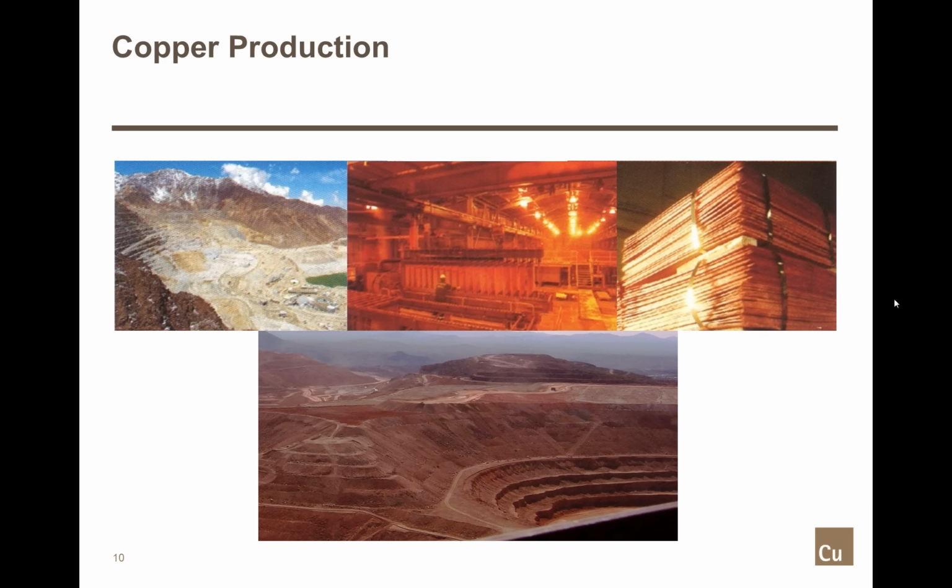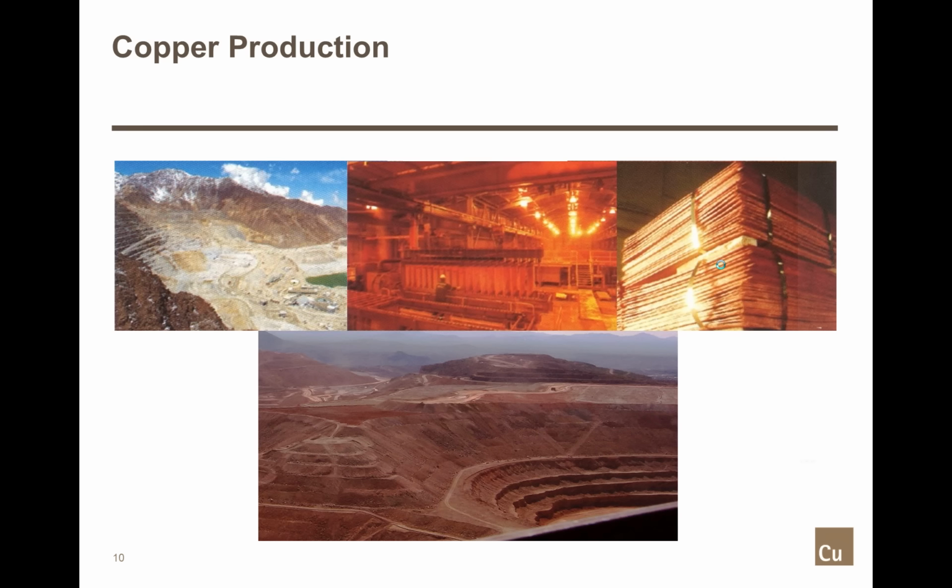And finally, it comes out, as the illustration on the upper right shows, a copper cathode, which is pure copper. That material then goes into a wide variety of applications or uses, and I have charts that will show the process flow for copper production and reuse.